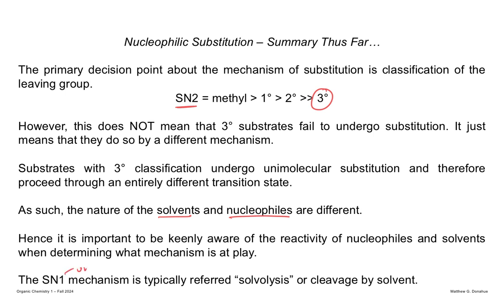So 1 is unimolecular. And a term that's associated with that is solvolysis. So you've heard of hydrolysis. So lysis means cleavage. Hydrolysis is just cleavage by water. Solvolysis is cleavage by whatever solvent is in there.